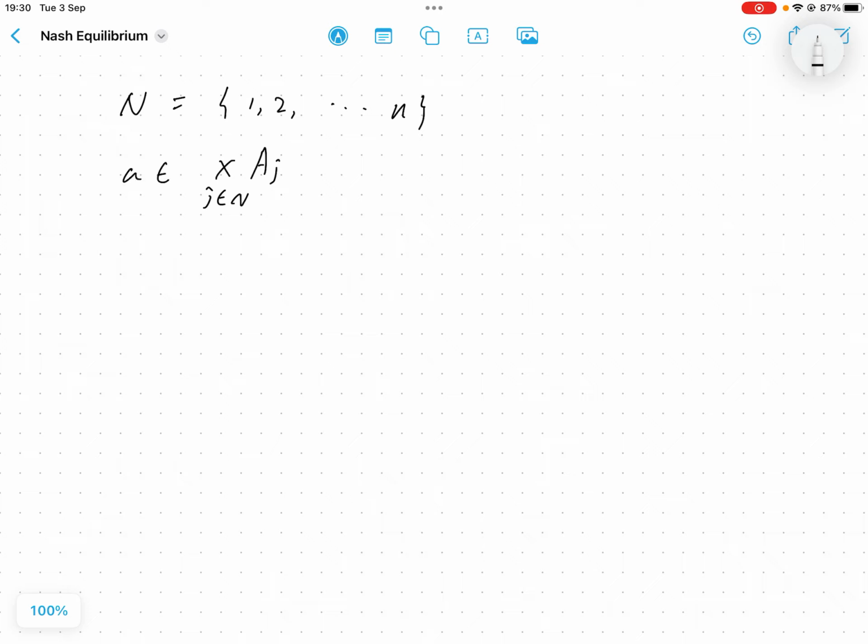This should be a vector, but we just use this a to indicate an element from the action space.